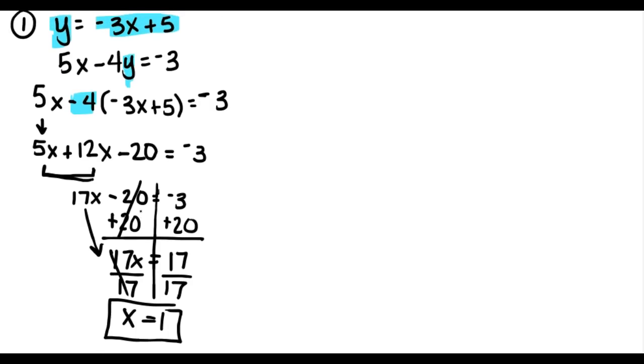Now I'm going to go back up to the top, where it says y equals negative 3x plus 5, since they're already telling me this is your y. It's screaming out, so I'm going to use that. We're solving for y, but that's okay, because down here we already solved for x.